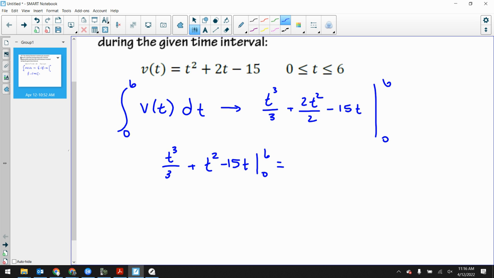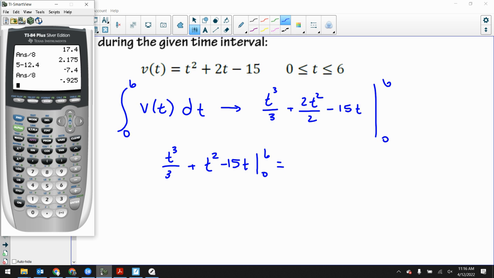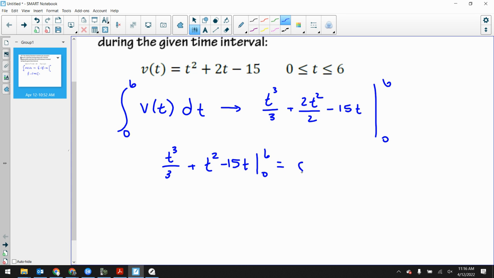So plugging in 6, the nice thing about this is I'm plugging in 0, which means the second part is going to be zeroed out. So 6 to the third divided by 3 plus 6 squared, which is 36, minus 15 times 6. That gives 18 meters.